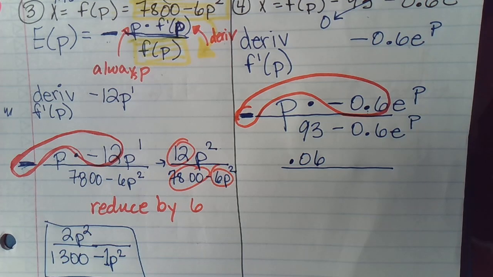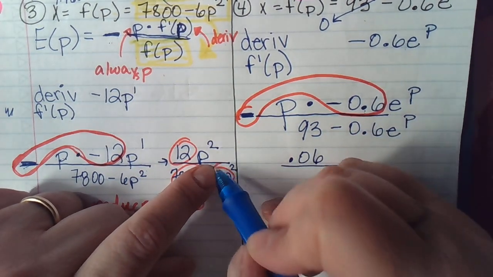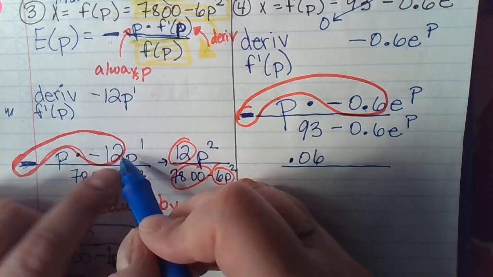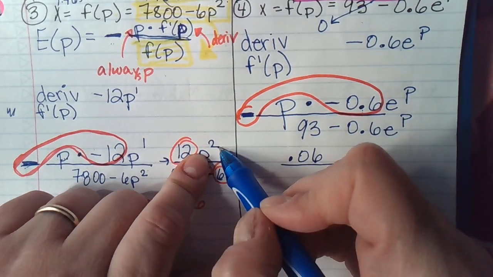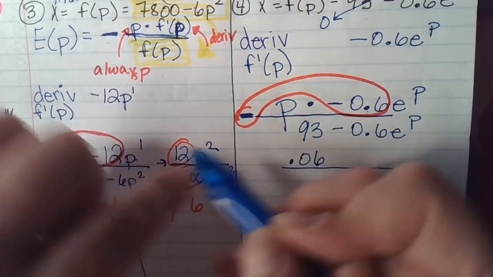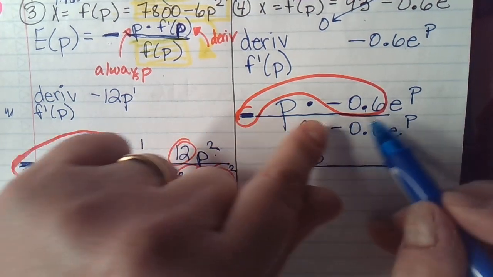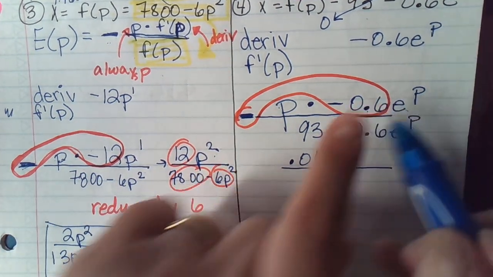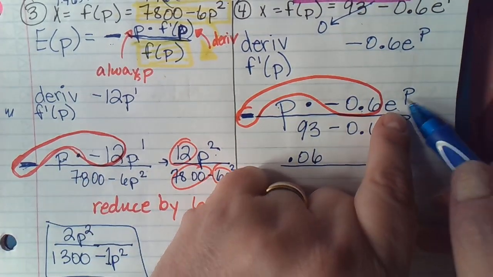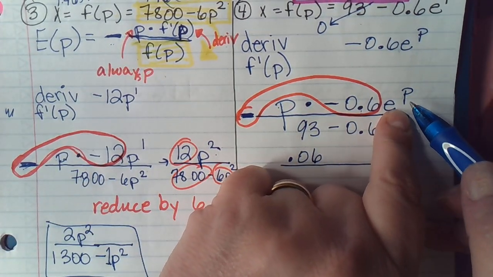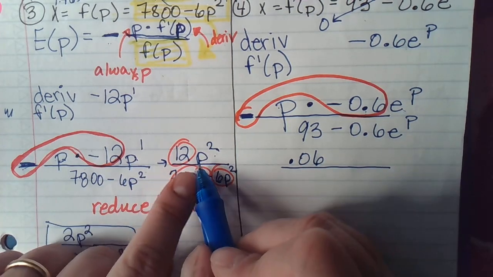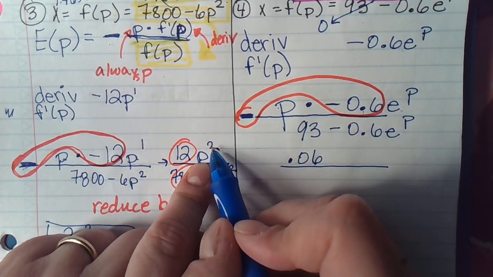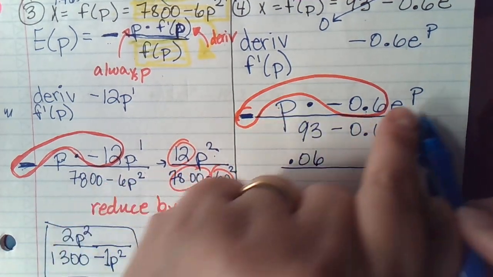Okay. Then let's see what we did on this last problem. On this last problem, I got p squared because p times p is p squared, because it times itself is squared. But let's look up here. We don't have p times p. We have p times funky thing with an e. So we cannot say it times itself has a tiny 2 in the air, because this is not it times itself.